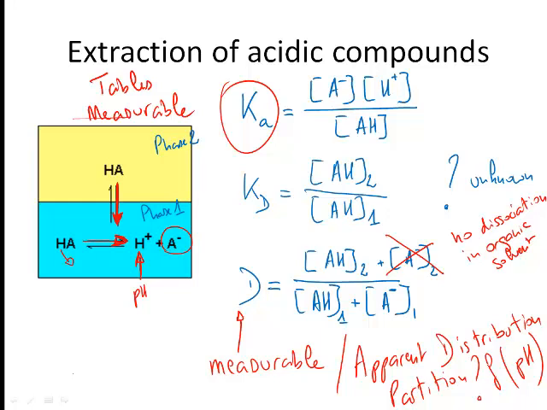Well, the first thing that was asked of you is to rewrite this equation of D as a function of H+. So let's rewrite that. If I go back and rewrite, what do we start with?